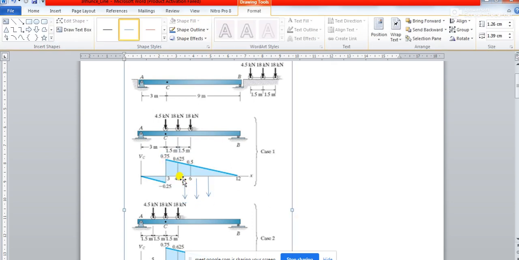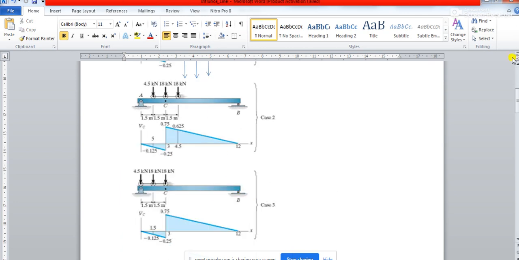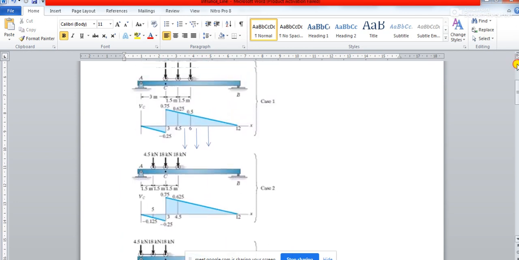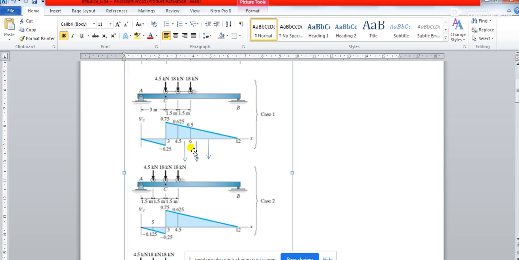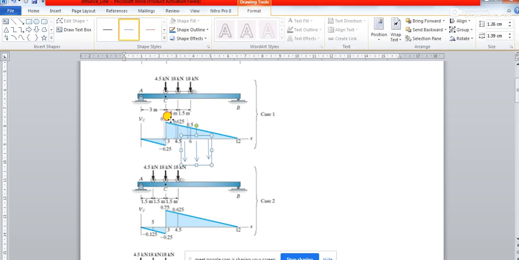So these three loads will be reaching this position. So this is your case 1. At this case 1, you have some CR at this point C.